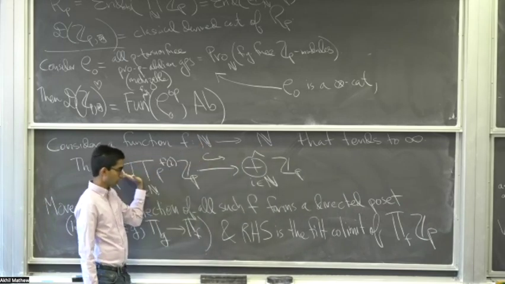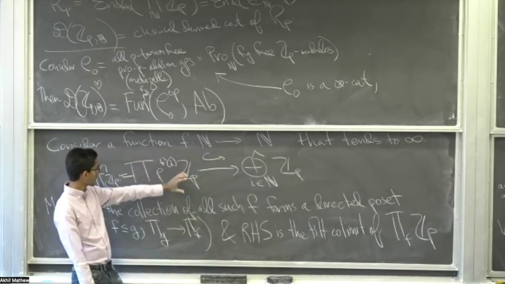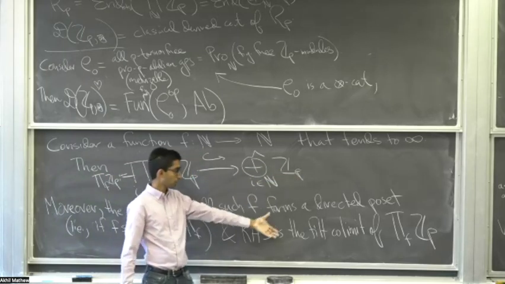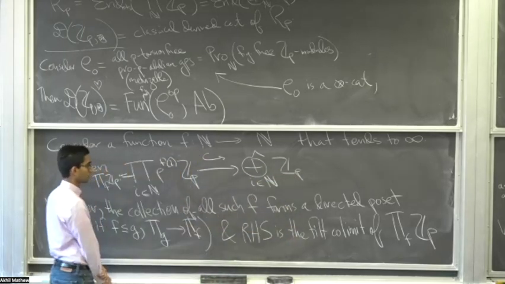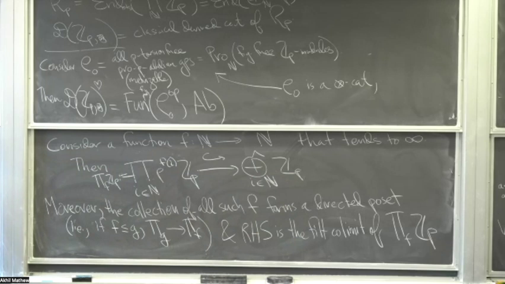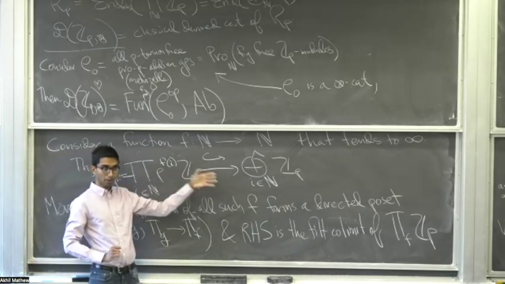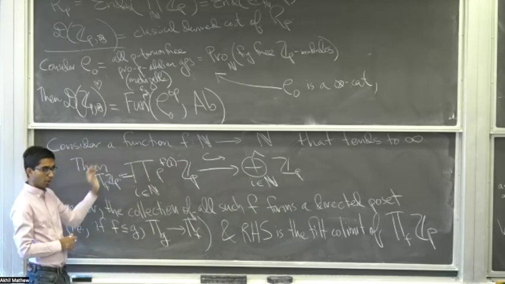And as the functions grow more and more slowly, these objects get larger. And this object is the filtered colimit of all of these things. So this is how they describe these uniform p-adic Banach spaces in terms of the generating objects.